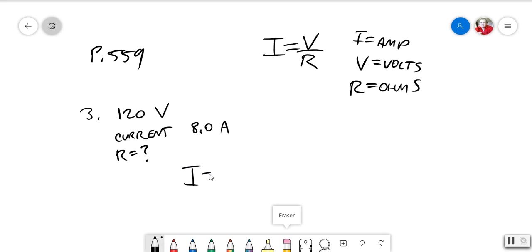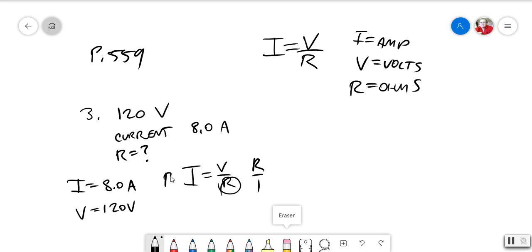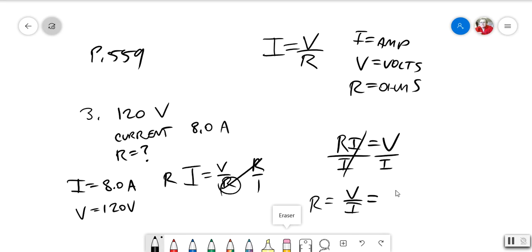Well, you go with Ohm's law. In this case, you know the I. It is 8 amps, and you know the voltage, which is 120. All you need to know is the resistance. So I multiply both sides of the equation by R. That gives me RI equals V. R is what I'm looking for. So I divide both sides by I, and that gives me R equals V over I. Then it's plug and chug. 120 volts over 8.0 amps.